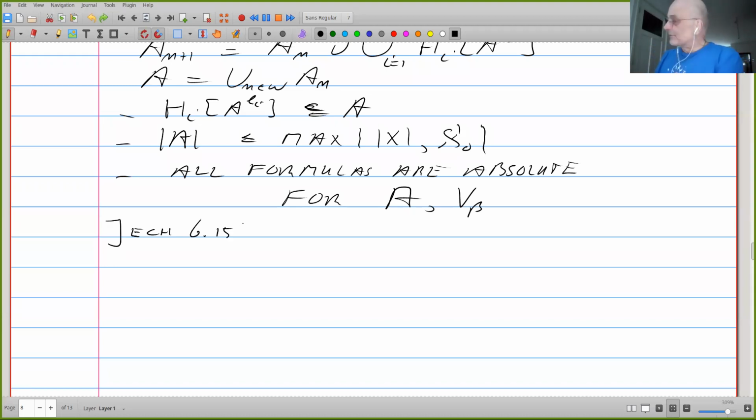And if you want to see the full theorem, you need to go to theorem 615 in Jech's book. We have the axiom of foundation all the time.